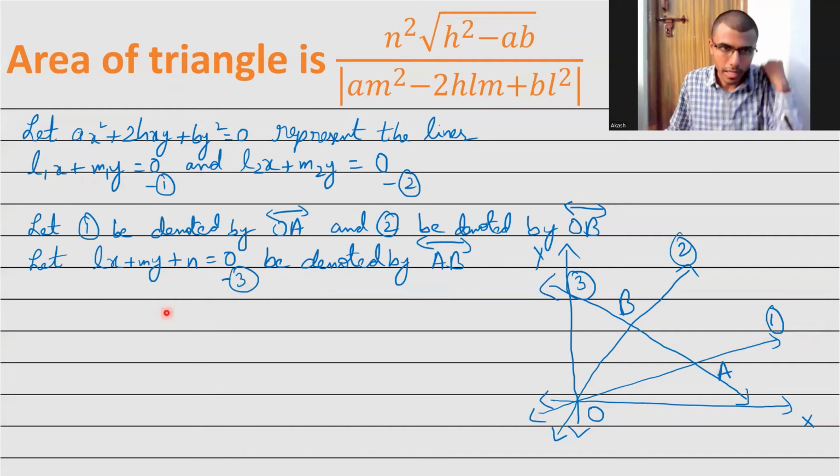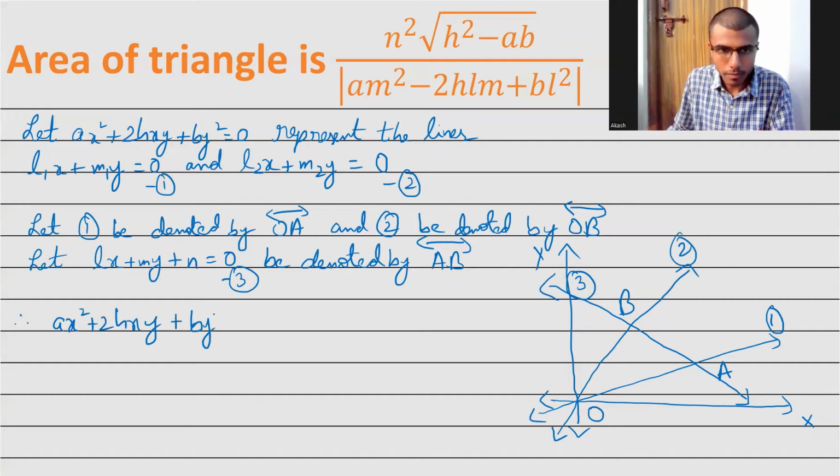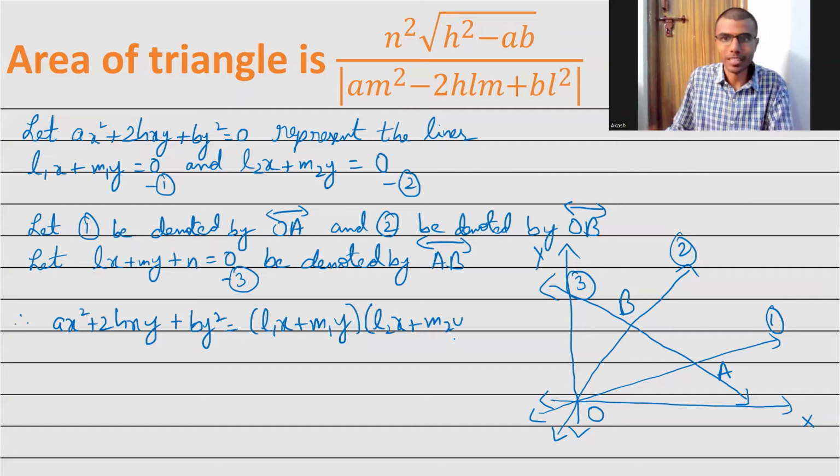But before that, I want to get some data. Since this equation represents these two lines, their product must be equal to this. Therefore, ax square plus 2hxy plus by square is nothing but equal to L1x plus M1y into L2x plus M2y.